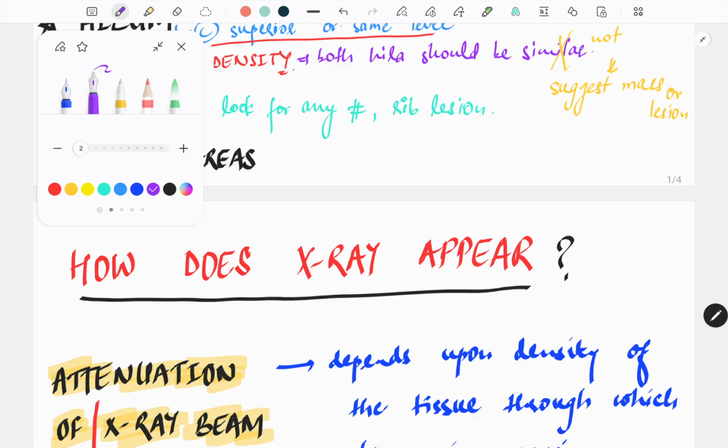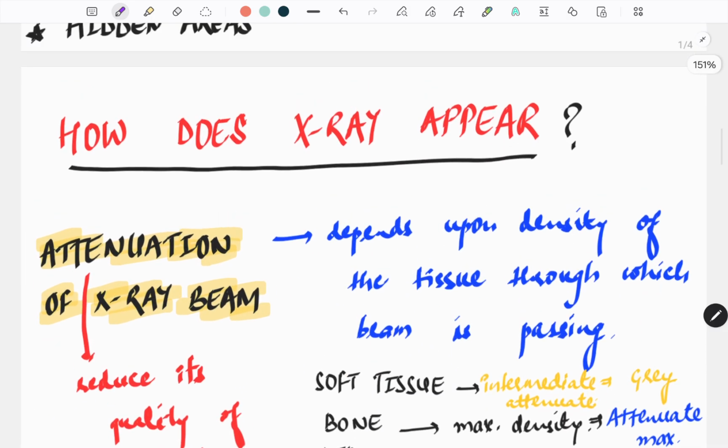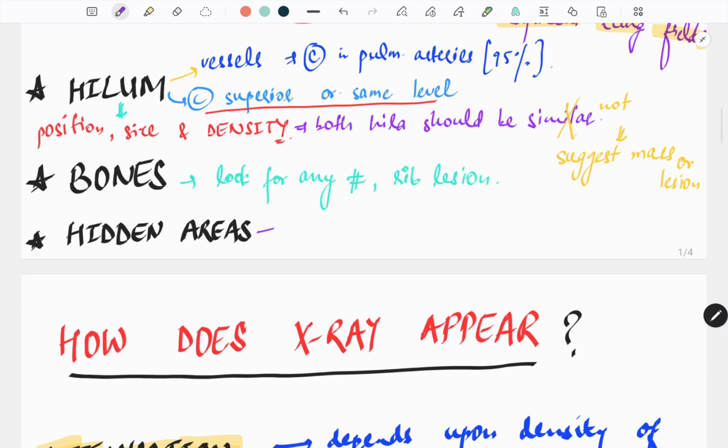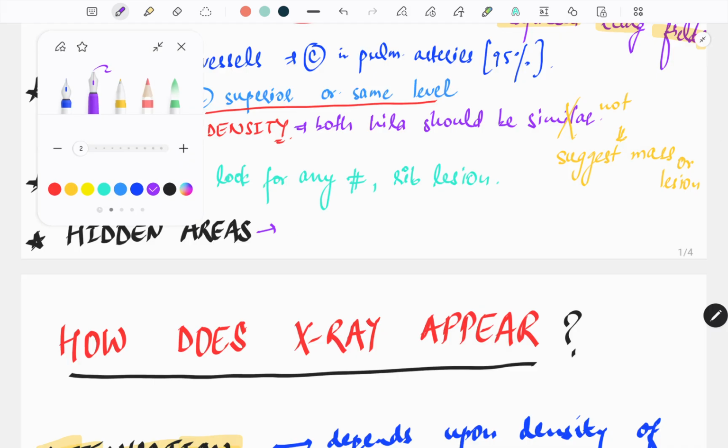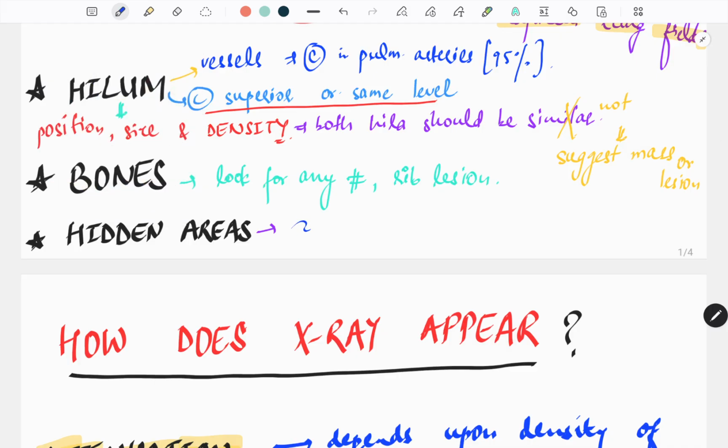At last, we should see the hidden areas of the chest x-ray. What are those?